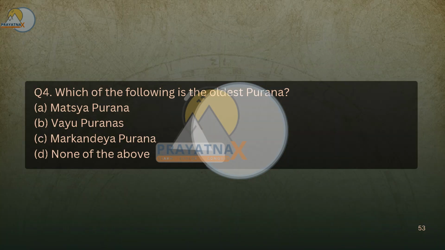Which of the following is the oldest Puran? Now, you may already know, as we have seen in the lecture, that Matsya Puran is the oldest Puran of all the 18 Mahapurans.